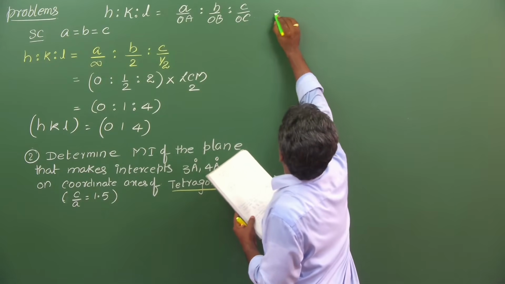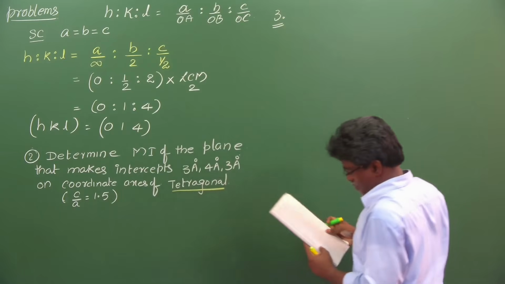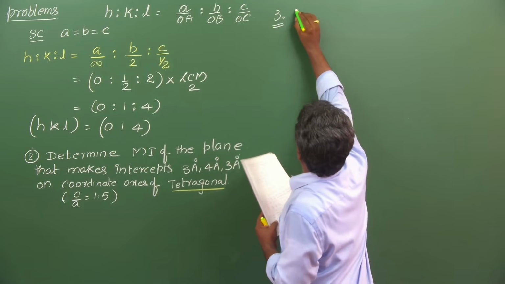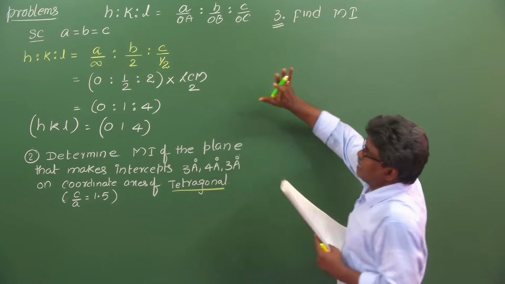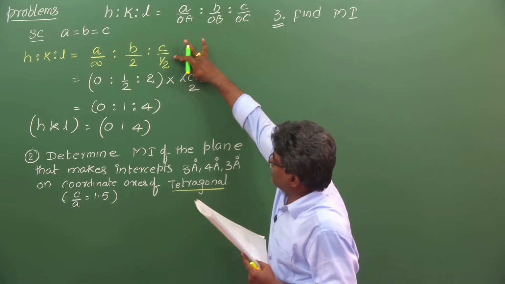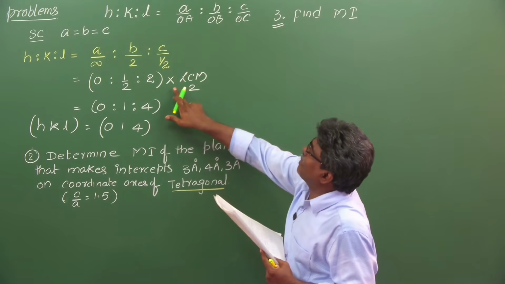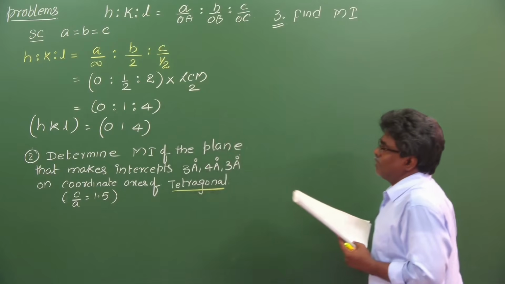Otherwise, try to do it. Please take only the ratio. My humble request, take the ratio and make it free from fractions. Multiply with LCM.